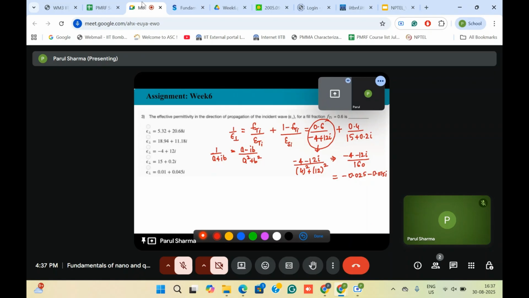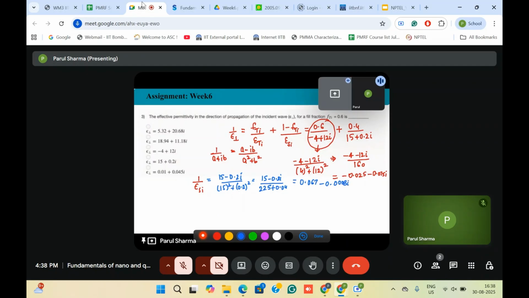Similarly, 1 by epsilon of Si is 15 minus 0.2i upon 15 squared plus 0.2 squared, which is 0.067 minus 0.0009i.